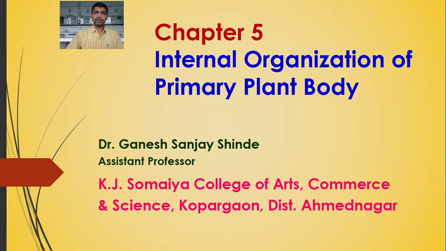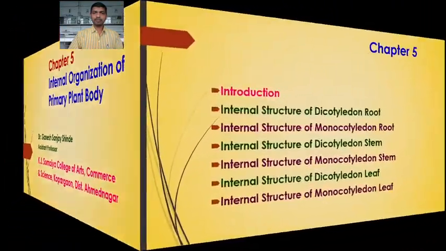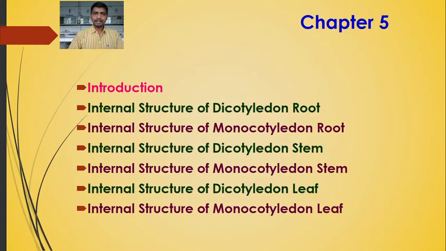In this chapter, we are dealing with the internal structure. These are the anatomical structures of the primary plant body, that is the root, stem and leaf. So in this chapter, we are going to study the internal structure of the dicotyledon or dicot root.